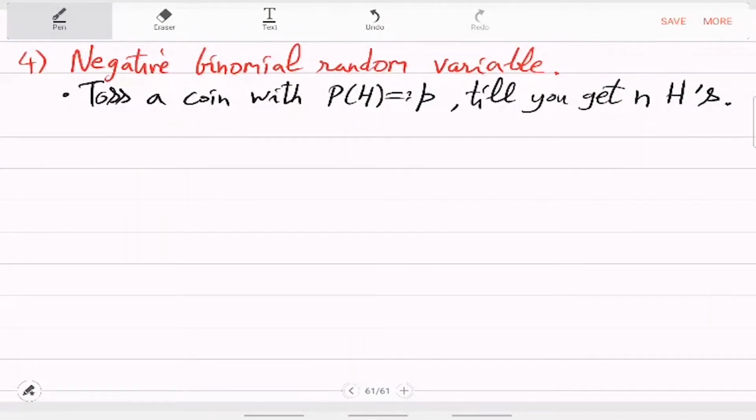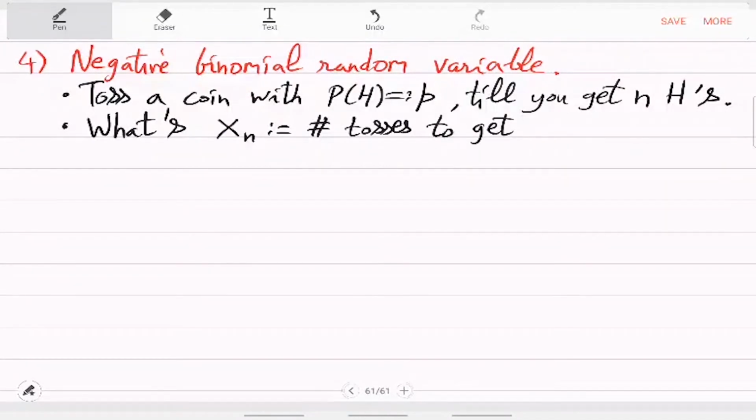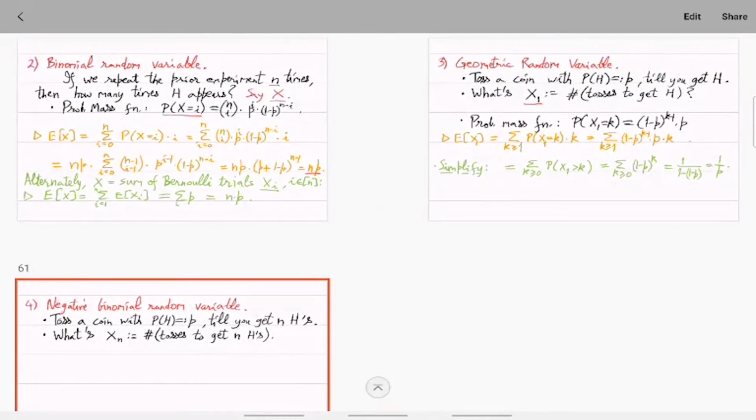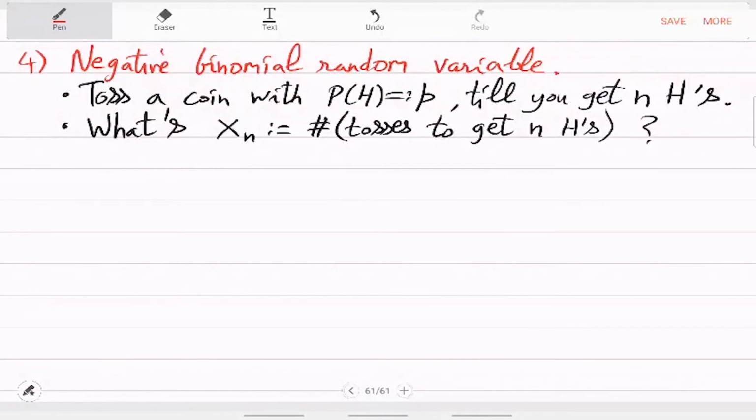So how many tosses? What is this random variable xn? The number of tosses to get n heads. I'm calling it xn because this is just a generalization of x1. The probability mass function, let me first write that.